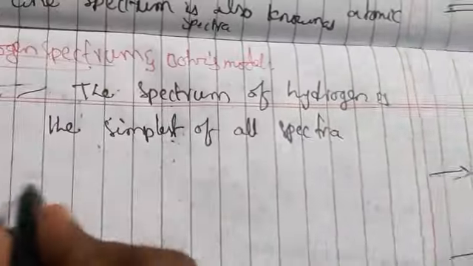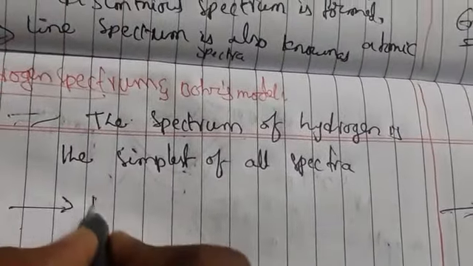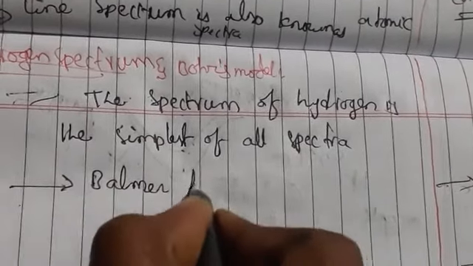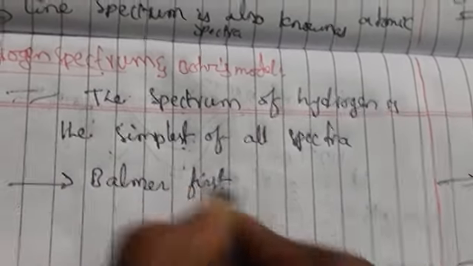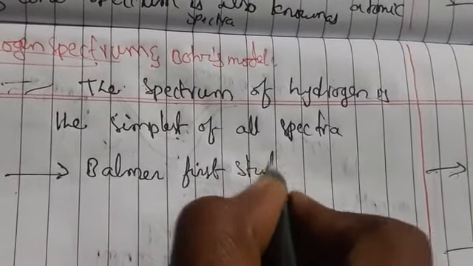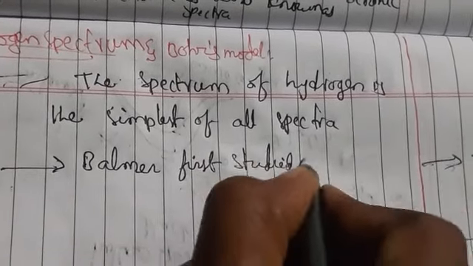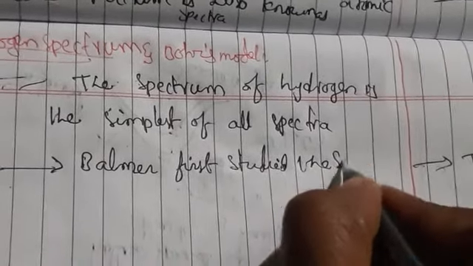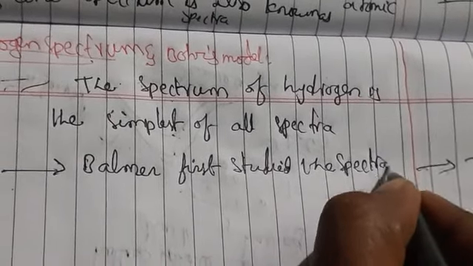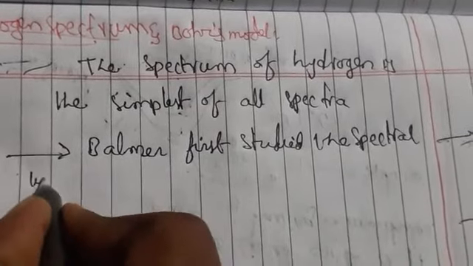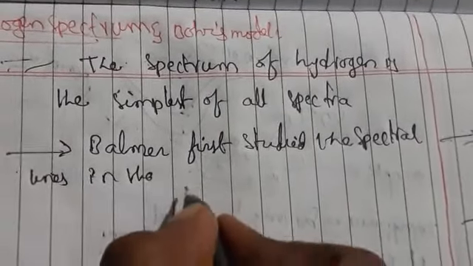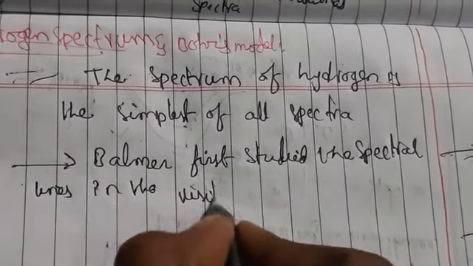But here the scientist Balmer first studied the spectral lines in the visible region of the hydrogen spectrum.